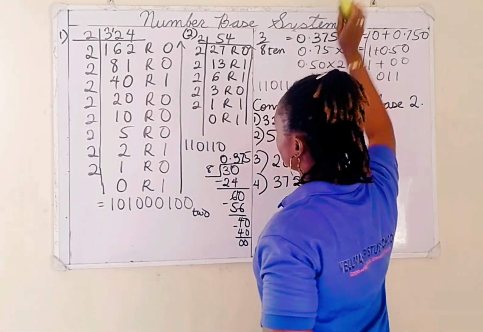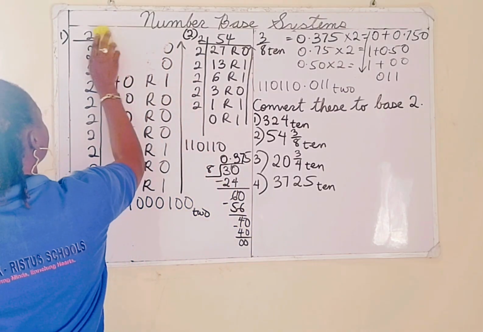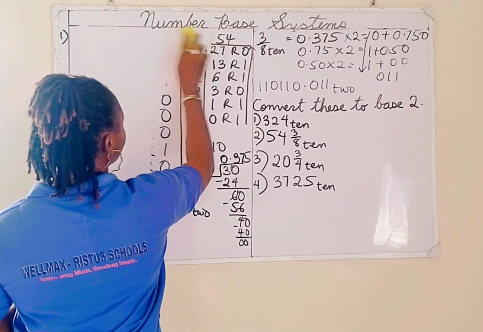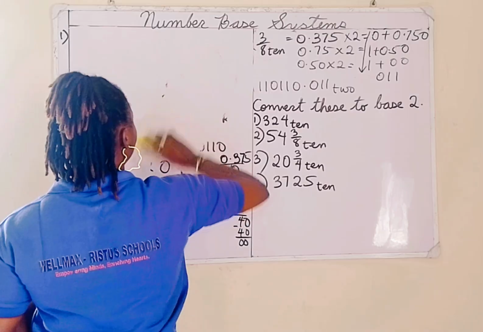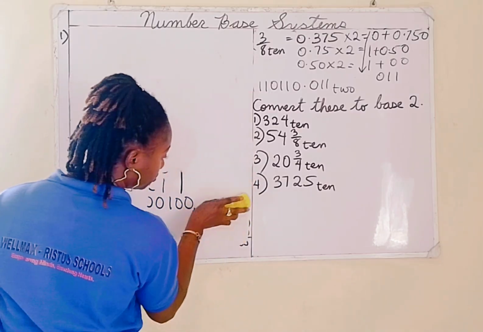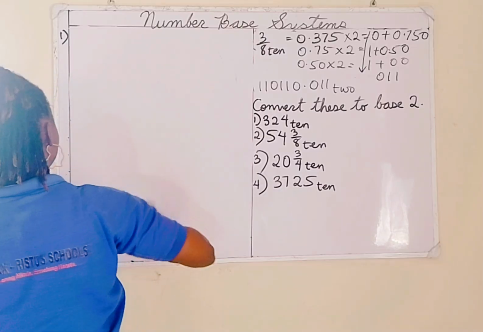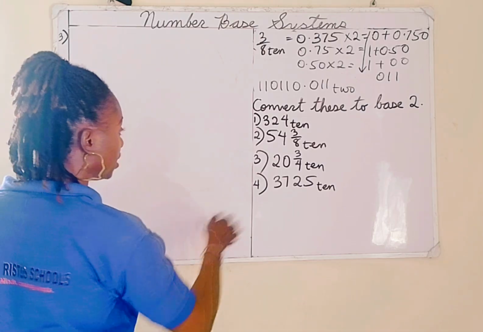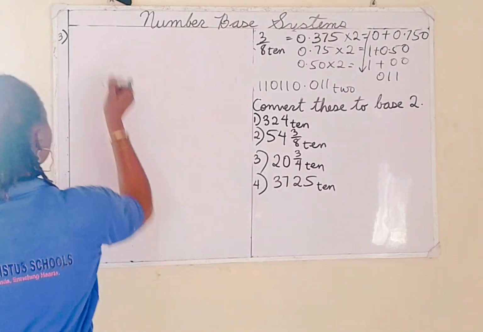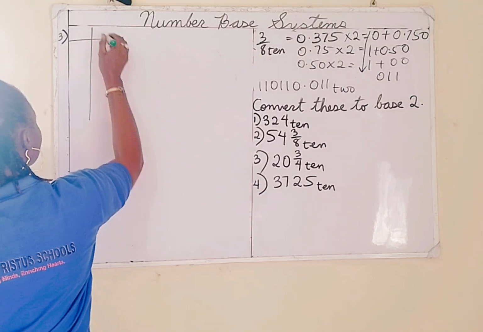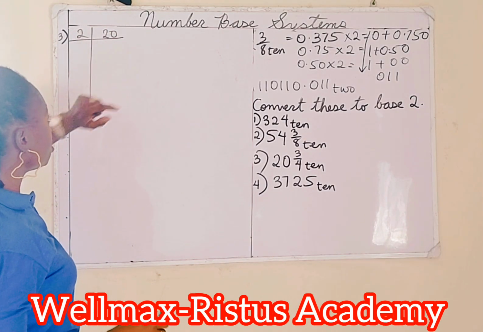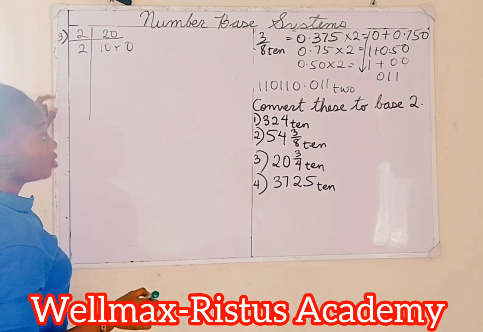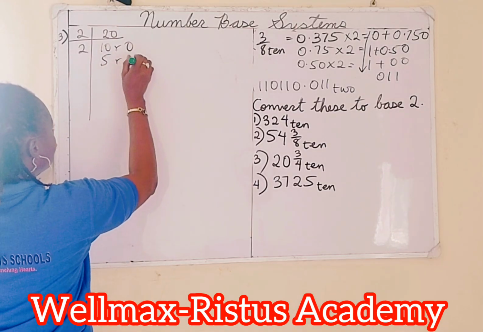Now let's move to question 3. We'll first of all convert 20 to base 2. 2 into 20 will give us 10, remainder 0. 2 into 10 will give us 5, remainder 0.